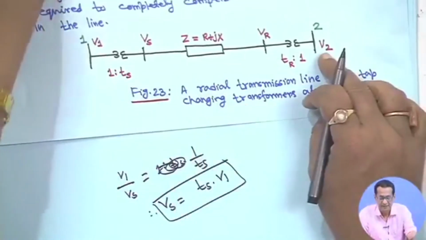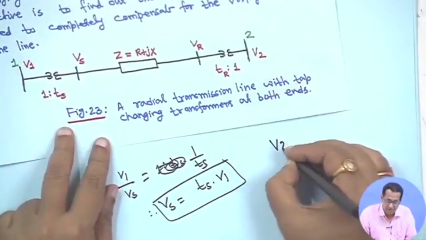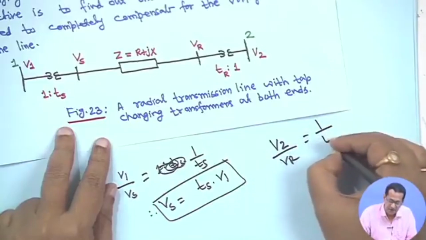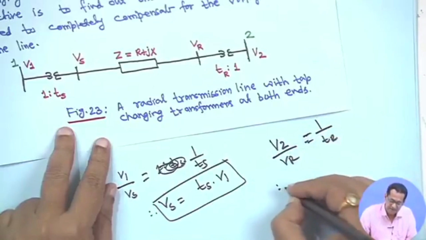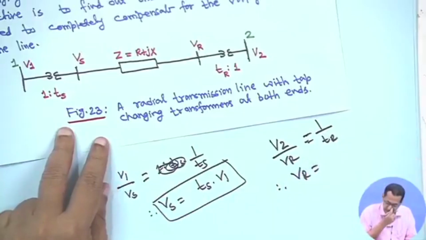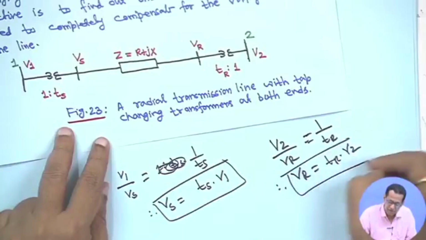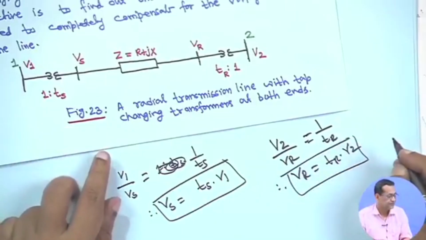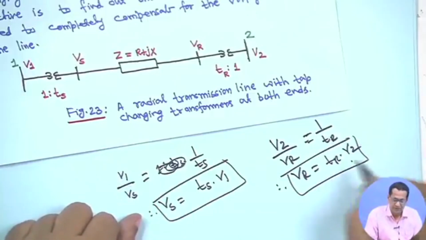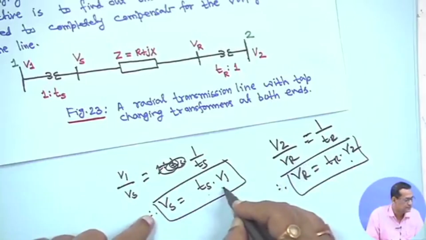Similarly, if you come to the receiving end side, it will be V2 by VR is equal to 1 by TR, that means VR is equal to TR into V2. So, one is VR is equal to TR into V2 and another is Vs is equal to Ts into V1.